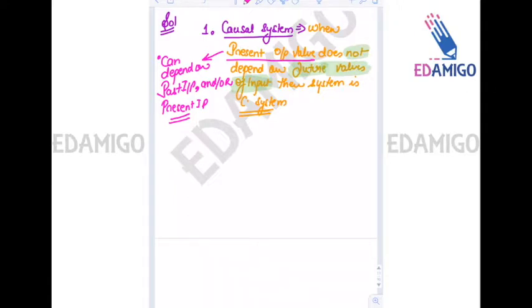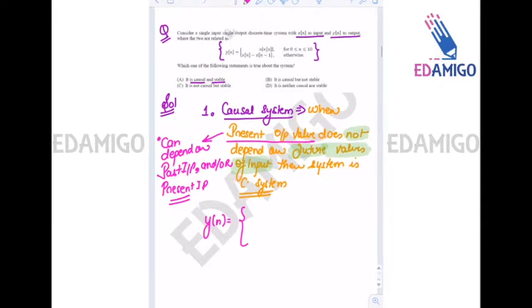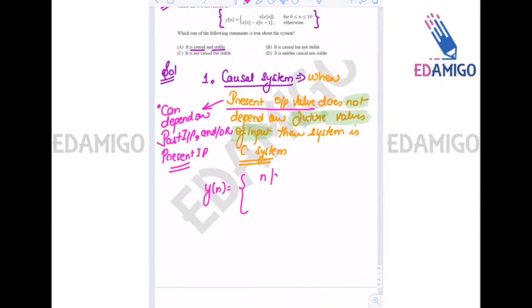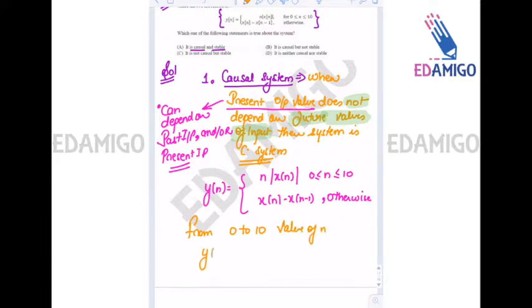So it is given that y[n], that is the output, has a relationship with the input: n times mod of x[n], where n is varying from 0 to 10, and x[n] minus x[n-1] otherwise. It is very simple to see that from 0 to 10, y[n] is equal to n times mod of x[n].